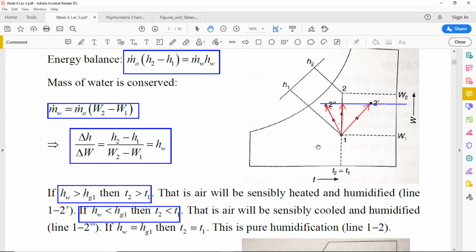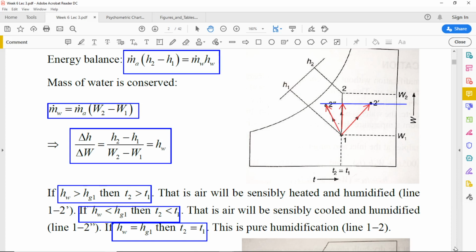What is different this time is that the dry bulb temperature remains unchanged, and that is pure humidification without any heating or cooling of the air, and that will be only possible if HW is equal to Hg1. That is the third possibility for the humidification process.